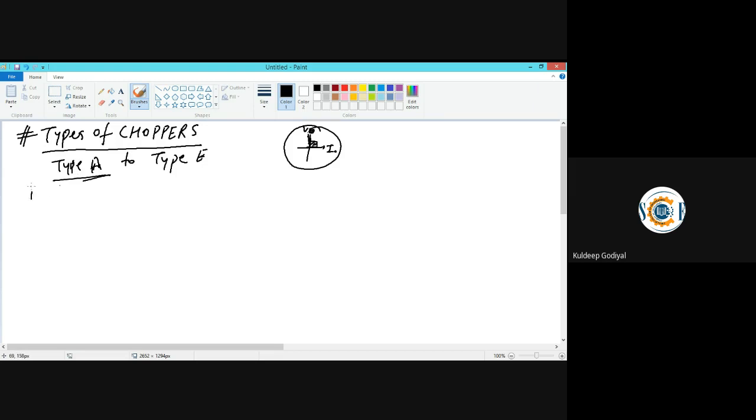The first is the type A chopper, which is basically a first quadrant chopper. What happens in this? At first we will draw the circuit for this chopper.